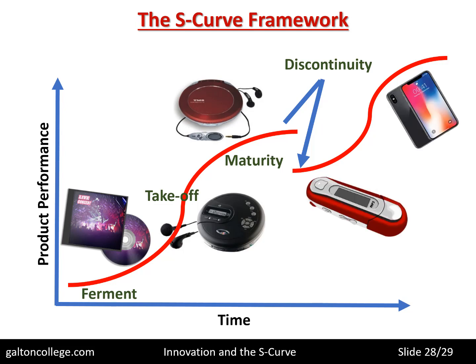And I've just put in two here. Again, MP3 players, and I've just put in an iPhone at the top, because that's the way the market seems to have moved. So the phone has now replaced a lot of what we've got on here.